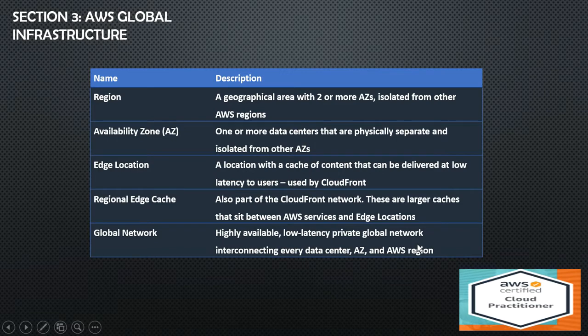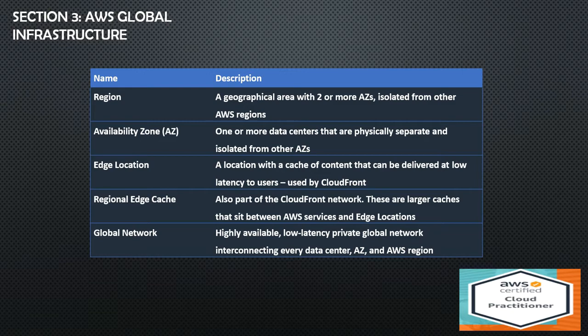And this is about the AWS Global Infrastructure. I will be explaining a brief about the AWS regions, and in the next slide I have the regions shown on the global map. A region is basically a geographical area with 2 or more AZs. Each region will have a minimum of 2 AZs, isolated from other AWS regions, so that if something happens to an AZ in one region, it should not affect another AZ in another region, right?